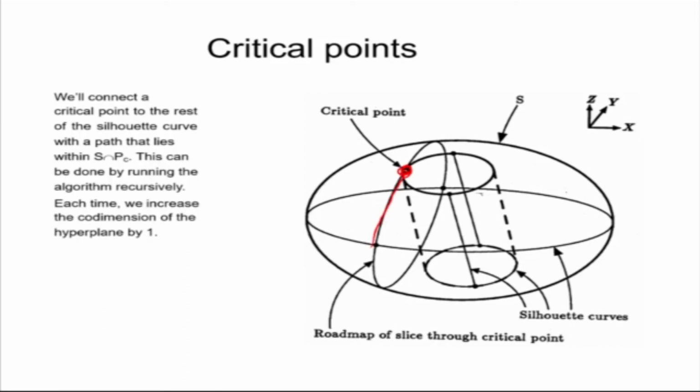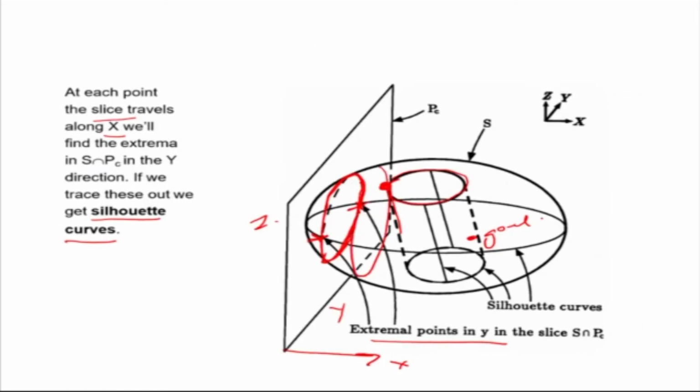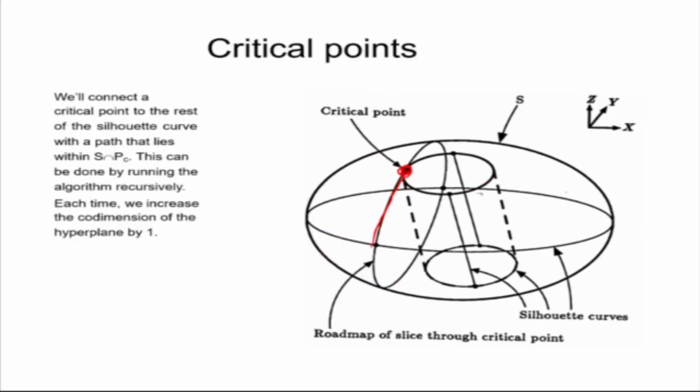So we connect a critical point to the rest of the silhouette curves with a path that lies within S intersection PC. What we were doing till now is taking slices, and at every slice I get my critical points, which are here, which are here. For a slice with a critical point, we connect the critical point with the silhouette curve here.